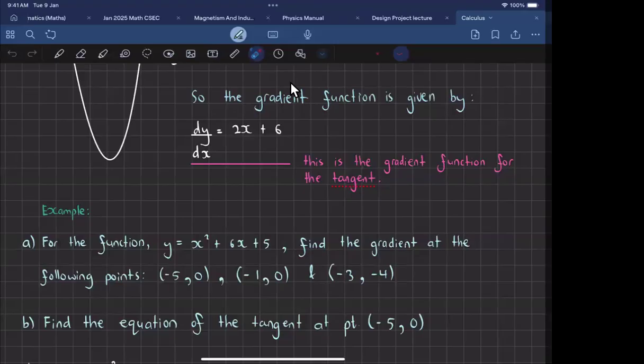Correct. You just plug the x value into the gradient function, dy dx. So you just say 2 times minus 5 plus 6. That's it. So the gradient of the tangent at point minus 5, 0 will be minus 4. That's simple.